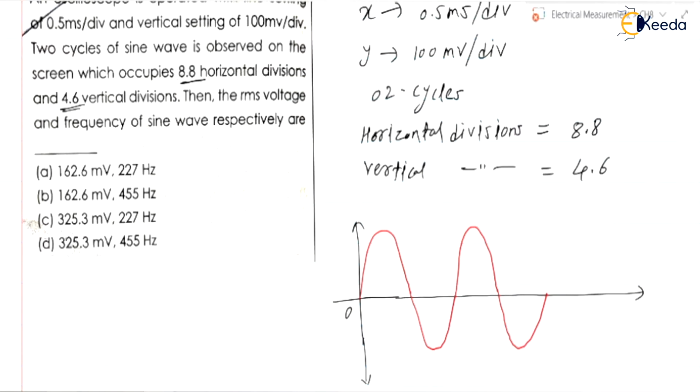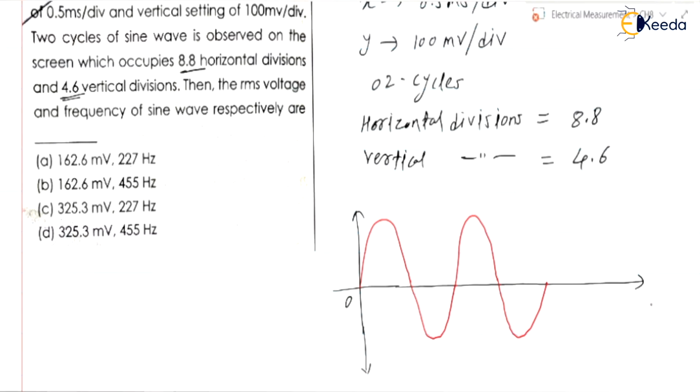Next, corresponding to 2 cycles, how many horizontal divisions are there? The horizontal divisions are like this. We are having 8.8 horizontal divisions. So for 2 cycles we are having 8.8 horizontal divisions.